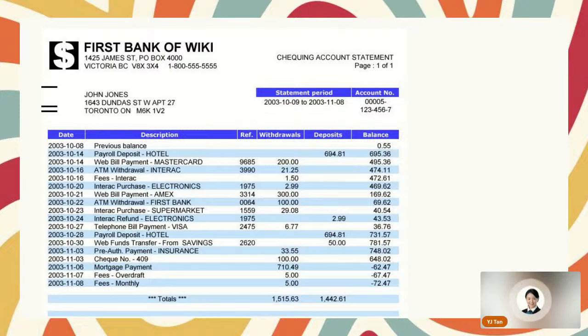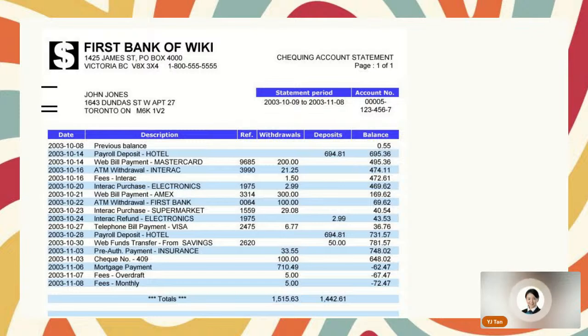So you can see here that the bank, First Bank of Wiki, charged on the 7th of November an overdraft fee of $5. And there is another monthly fee, which is $5, charged by the bank, what we call bank charges.